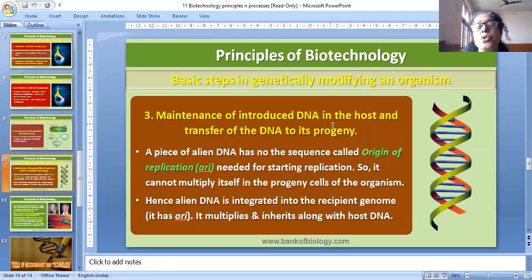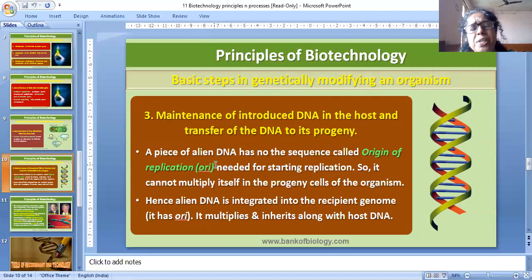Maintenance of the introduced DNA in the host and transfer of the DNA to its progeny. A piece of alien DNA has a sequence called the origin of replication, short form ORI, needed for starting replication.